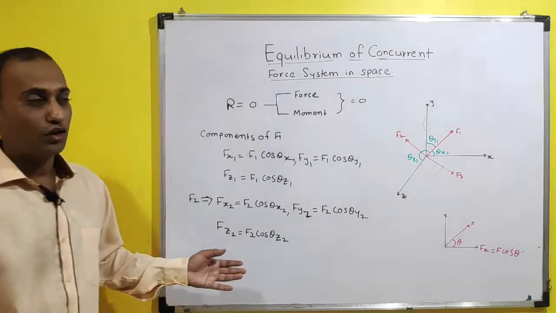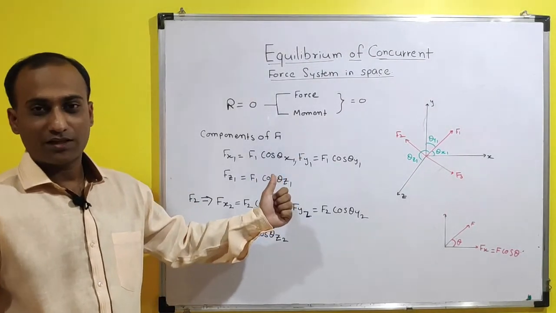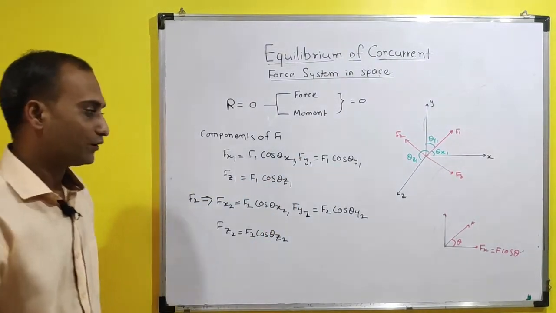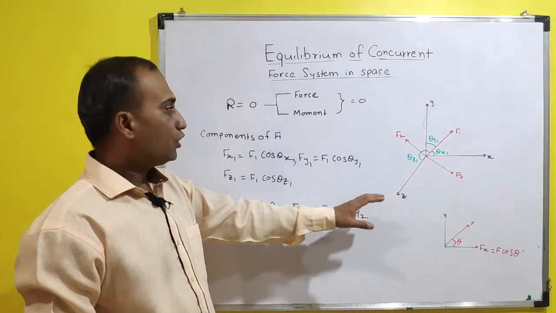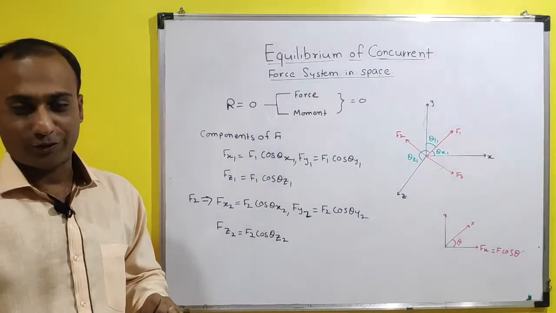So these are the components of the forces F1 and F2. Similarly, we can calculate for F3. So if the system is in equilibrium, we know the resultant is 0.